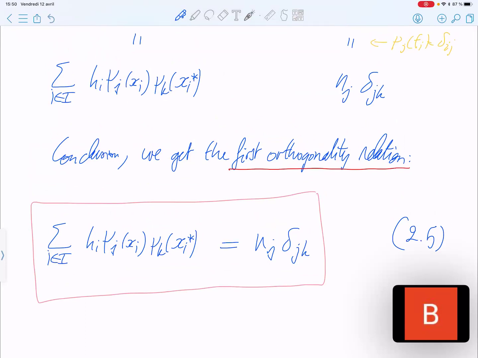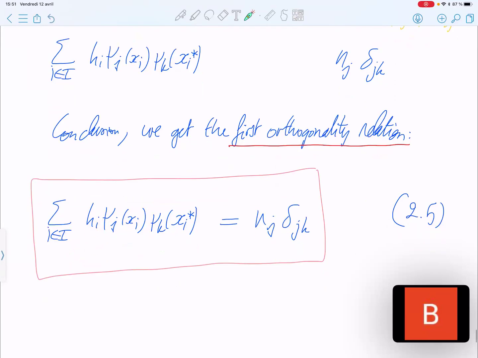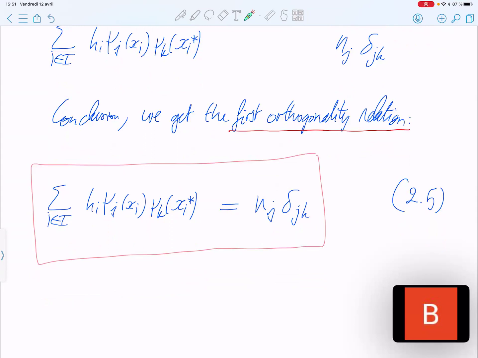This is an orthogonality relation, because if you consider that as two vectors, in fact you can put the square root of that here, and you get two vectors, and on a usual complex vector space with inner product, you get the orthogonality relation.